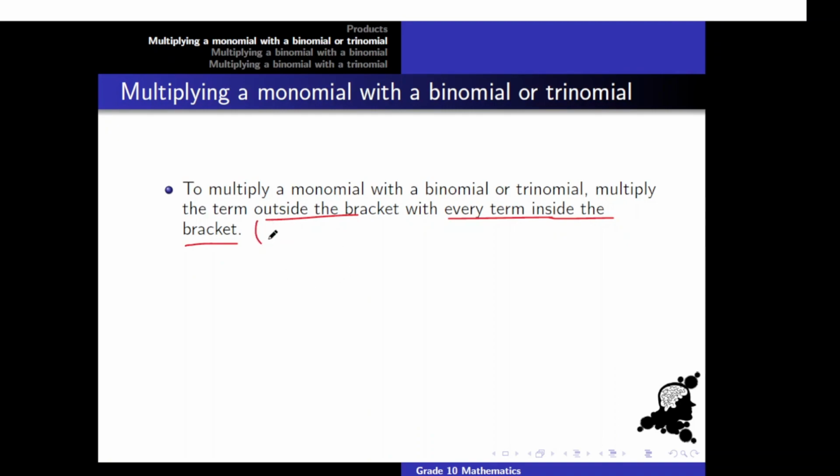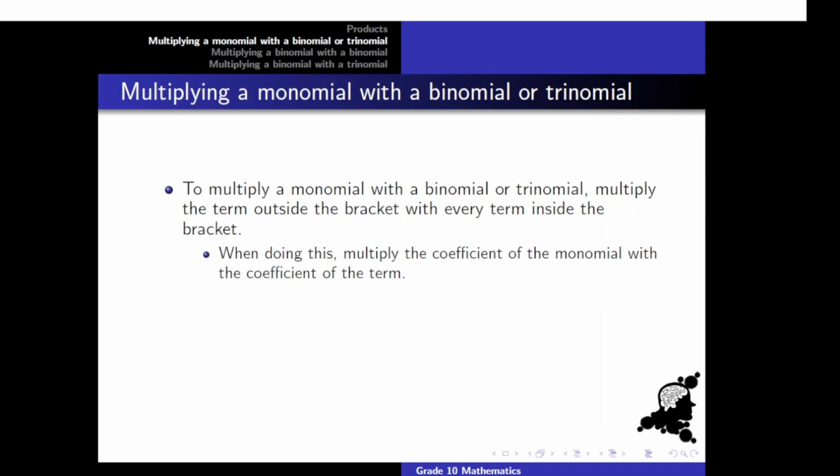In other words, the way I like to think of this is we need to distribute the monomial. By saying we're distributing the monomial, we're saying every term inside of the bracket, every term inside the binomial, every term inside the trinomial receives a copy of the term outside of it, multiplication.